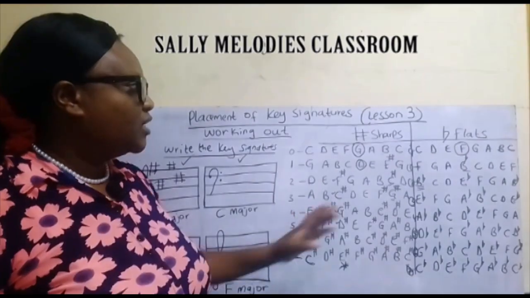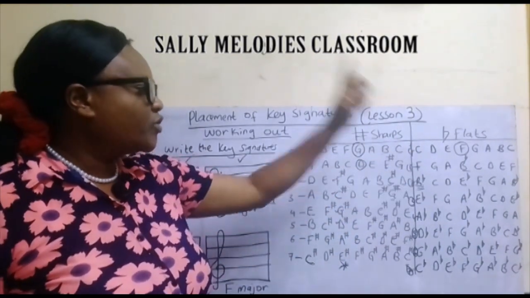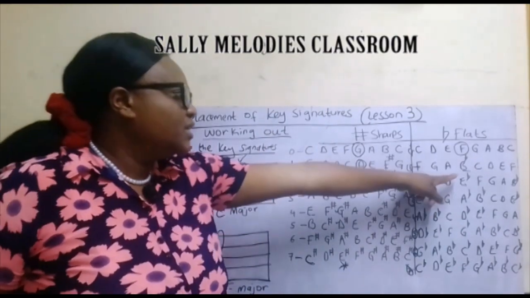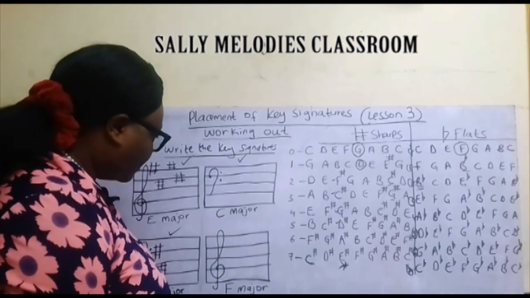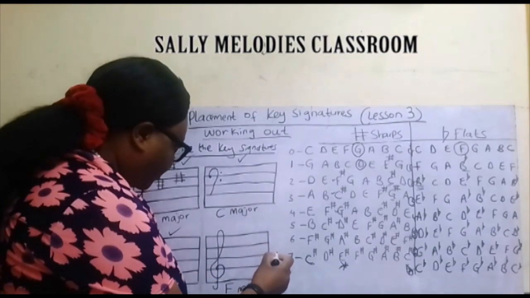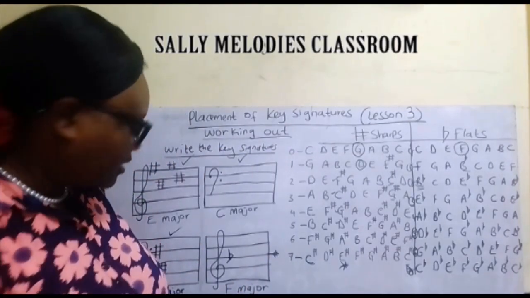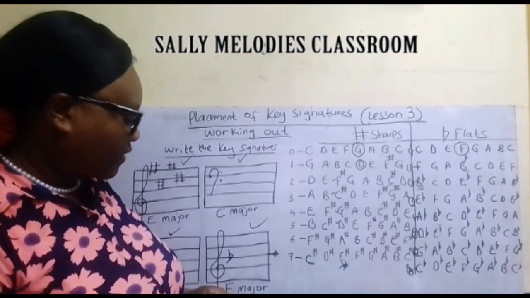So we go to that other side, and it is the second one with only 1 flat. And that 1 flat is placed at B. Our B is here on this middle line. So that is where you place your 1 flat. And then you get a mark. That is how we answer questions.